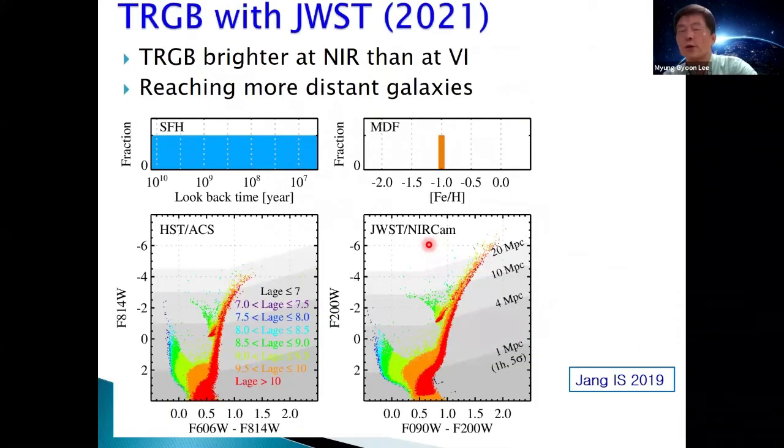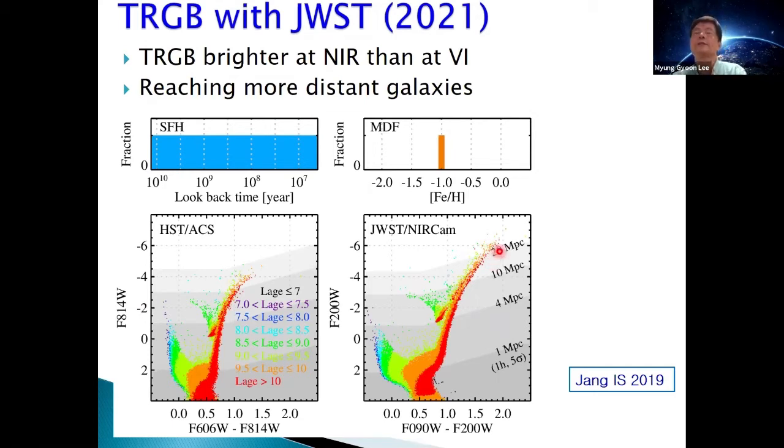And if you go to a longer wavelength, like the near infrared from the optical band, for VI, then they look like this. The optical CMD is I versus V minus I, and the right CMD shows K versus a color from 900 nanometers to 2 microns. So the TRGB magnitude is around minus 4 in the optical I band, but about 2 magnitudes brighter in the 2 micron band.